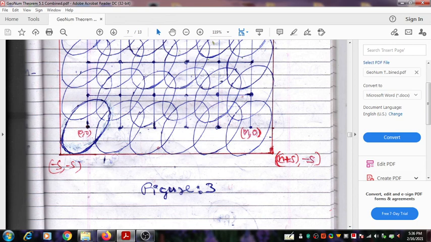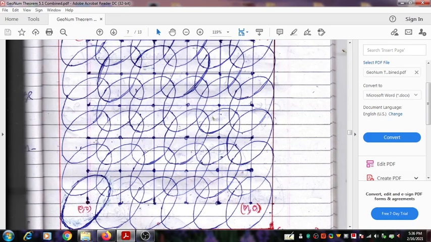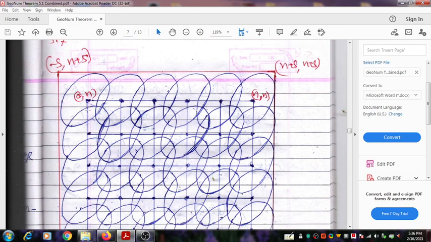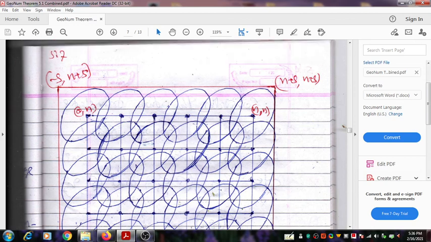So everywhere you have to add, and as a result of this increase in the length and the breadth of that square, we get a new square.